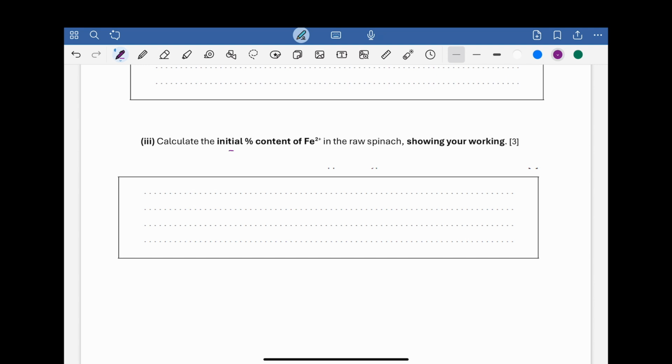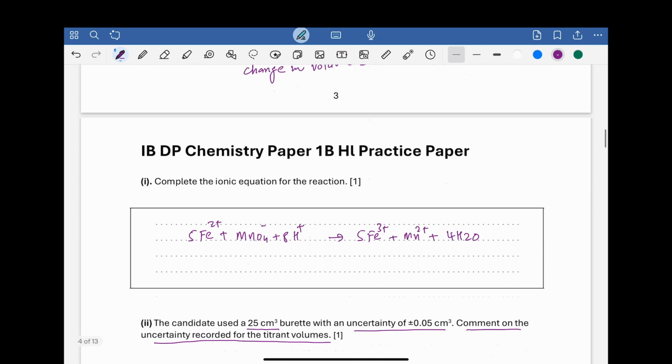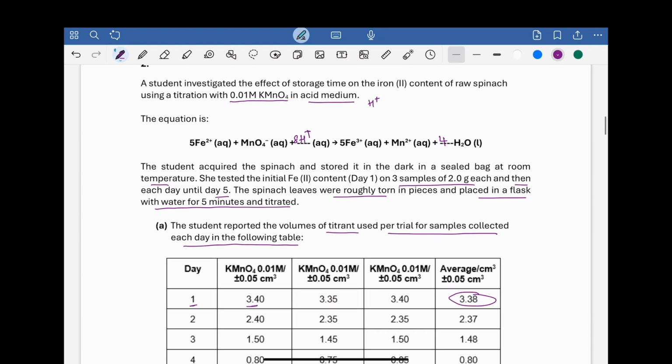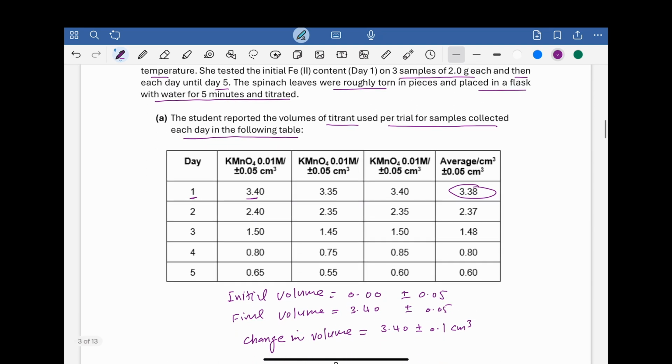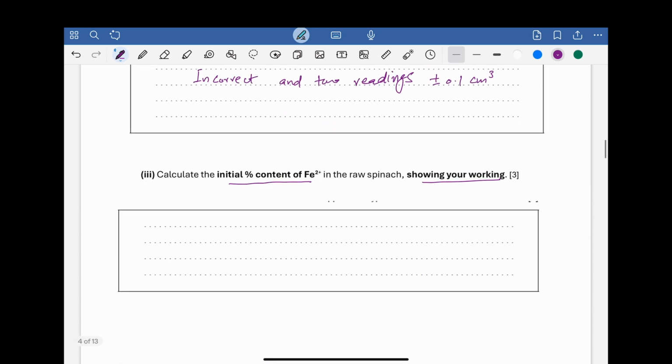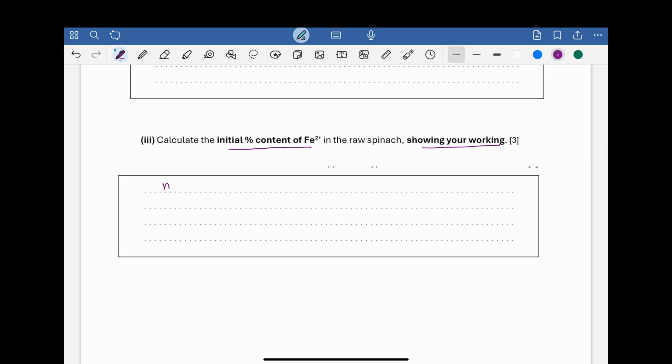3. Calculate the initial percentage content of iron 2 plus in the spinach, showing your working. If we go back and look at the question, we have been given the concentration of KMnO4, which is 0.01 molar, and for day 1 the average volume is 3.38. We can find the moles of MnO4 minus. So n of MnO4 minus is equal to 0.01 times 3.38 divided by 1000, which gives 3.38 times 10 to the power minus 5 moles of MnO4 minus.